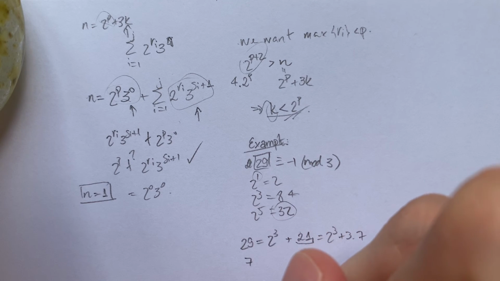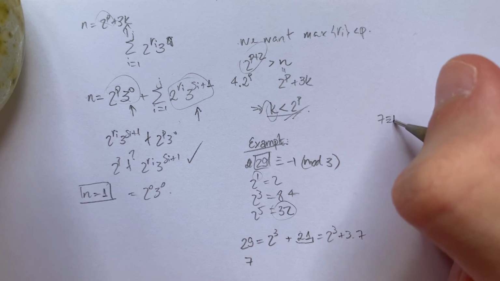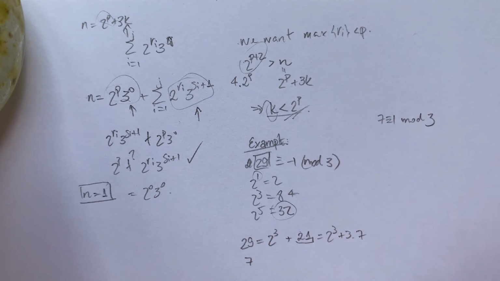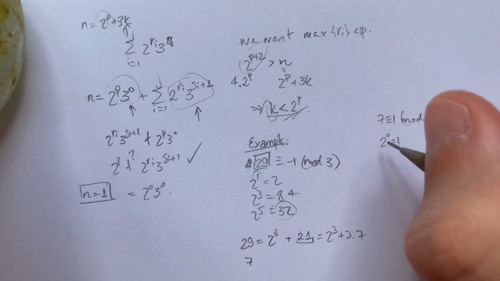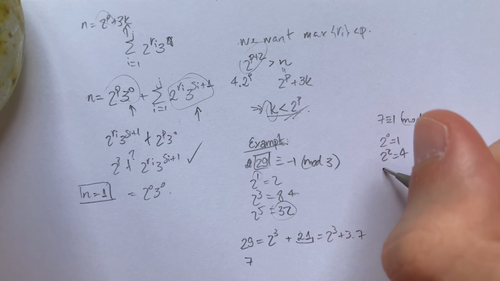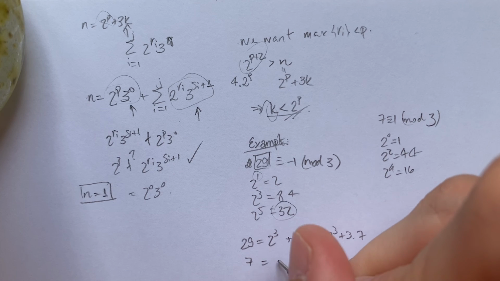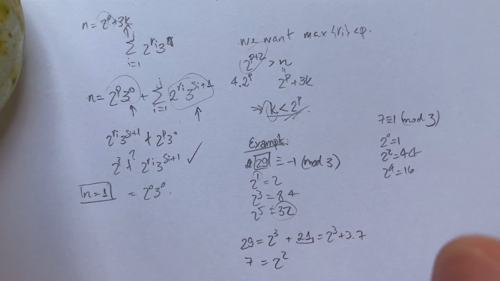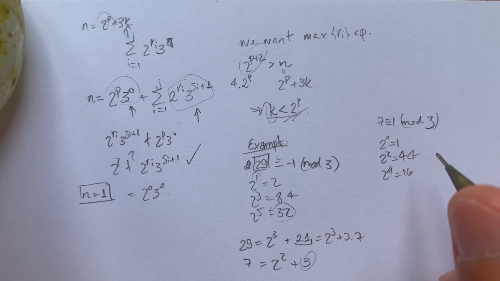7 is 1 more than a multiple of 3, so we must take an even exponent, and we see that we must take 2 as the exponent. 7 is 2 to the power of 2 plus 3, and here we are fine because 3 is already in the representation that we want.